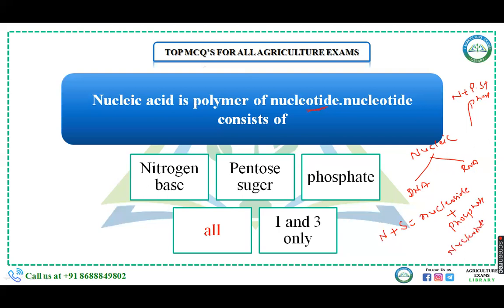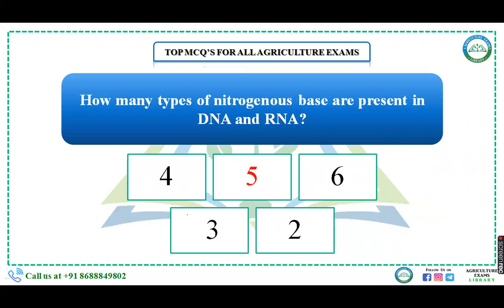It means a nucleotide consists of a phosphate group also, and a nucleoside consists of nitrogenous base and pentose sugar. Means in a nucleotide there is nitrogenous base, sugar, and phosphate group. So our answer will be all.